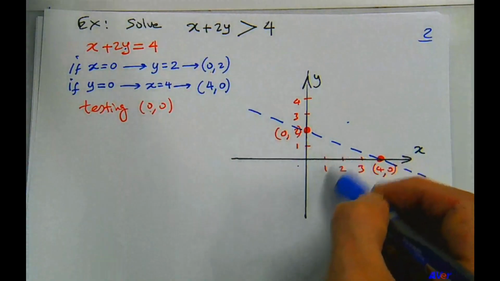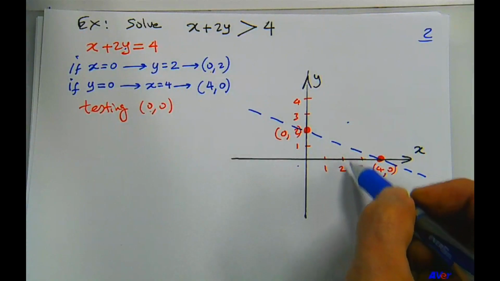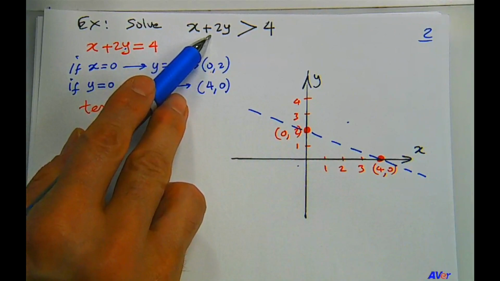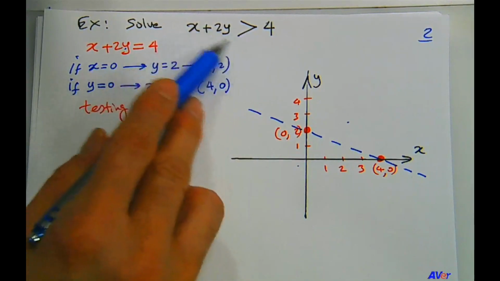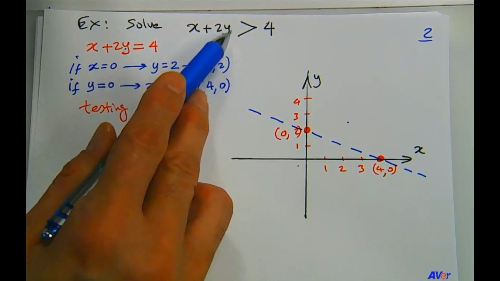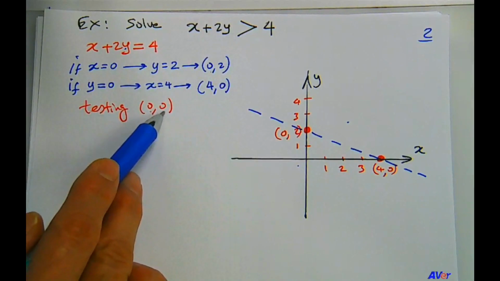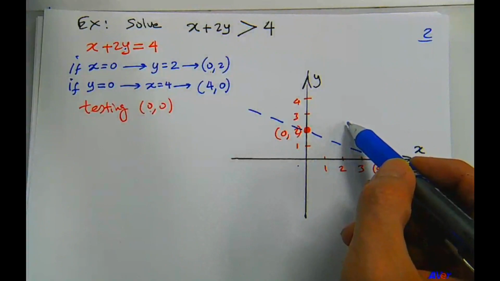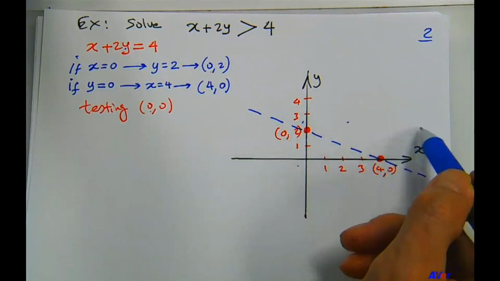If this test point does not check out, if we don't get the 2 sides to make sense after we plug this point in, then the opposite side of the test point is the solution.